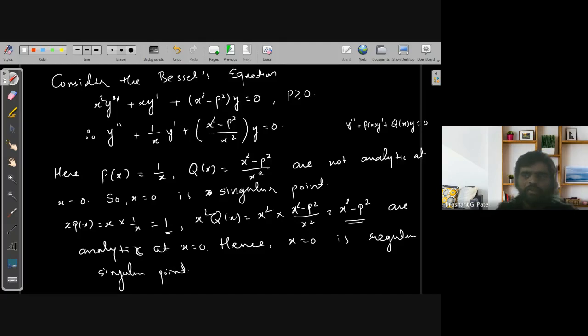Since it is a regular singular point, according to the Frobenius method, we are able to write down a solution of the form summation a n x raised to n plus m. So now, what is the indicial equation we have?